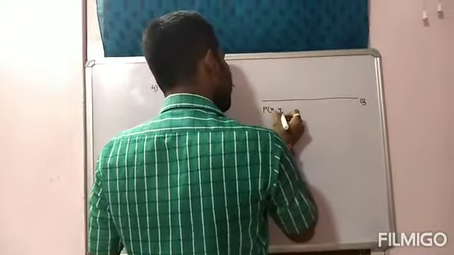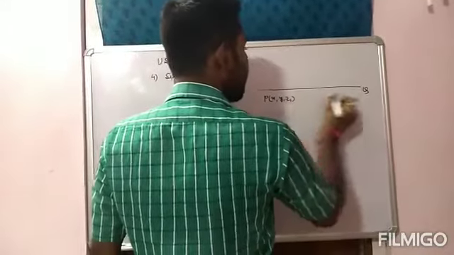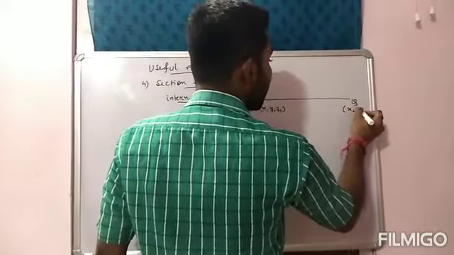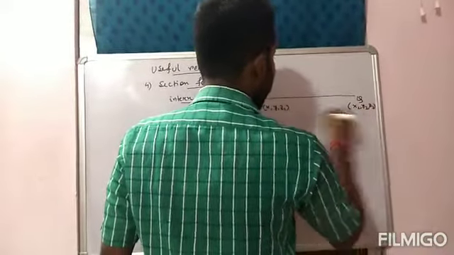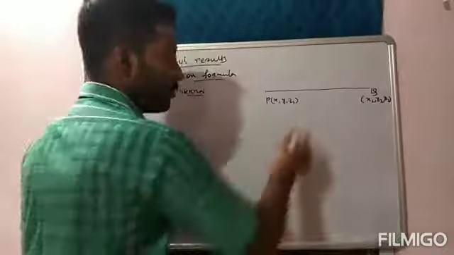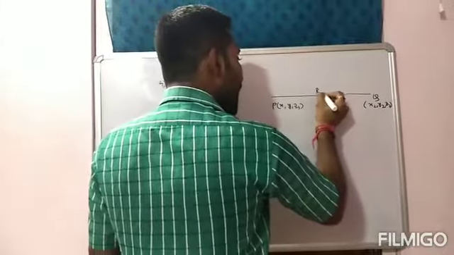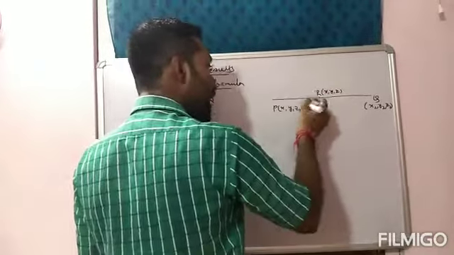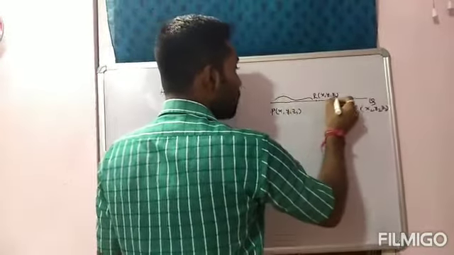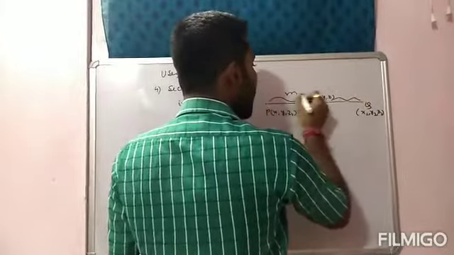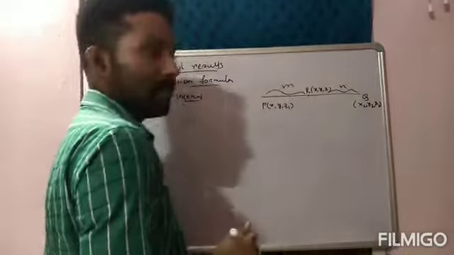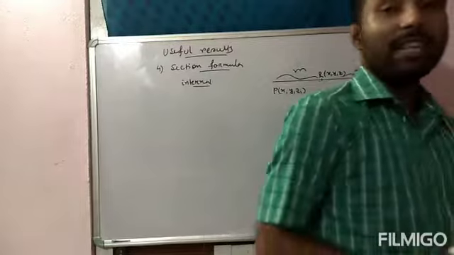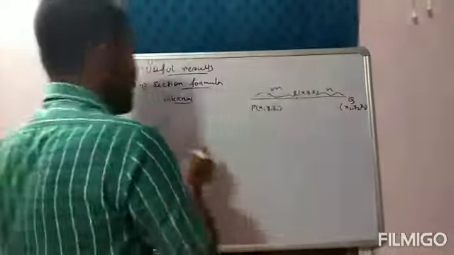Let us consider a line segment joining the points P and Q whose coordinates are x1, y1, z1, x2, y2, z2. Let the point R, whose coordinates are x, y, z, divide PQ in the ratio m is to n internally.